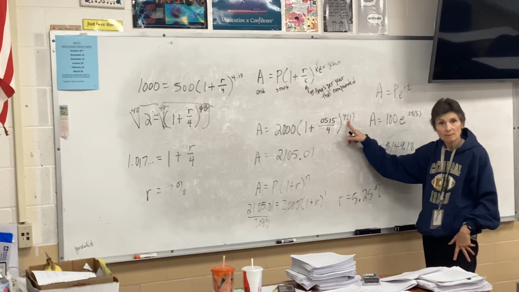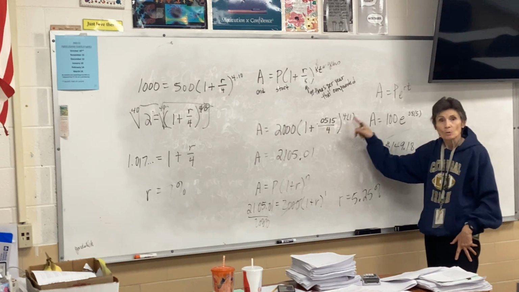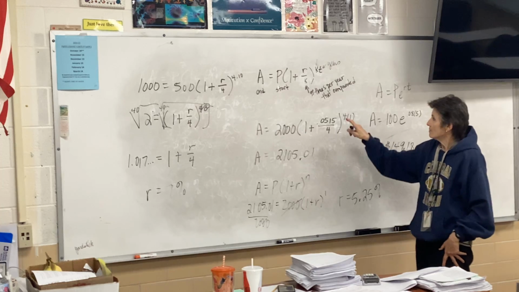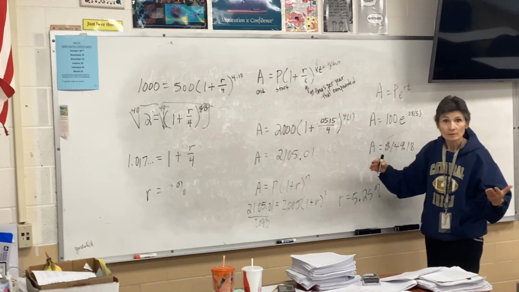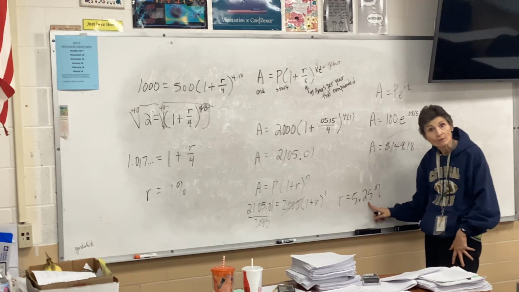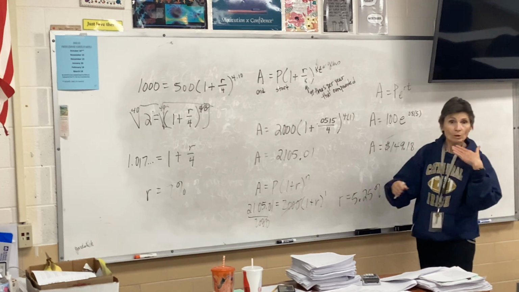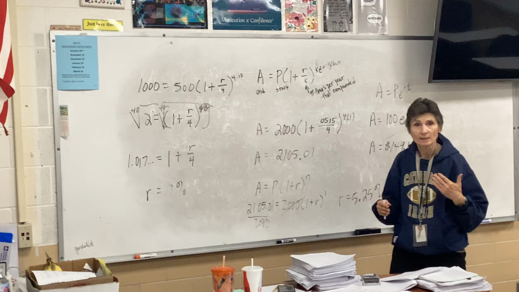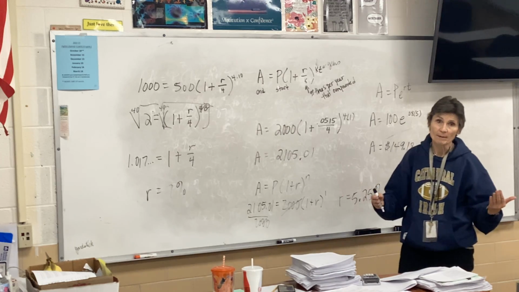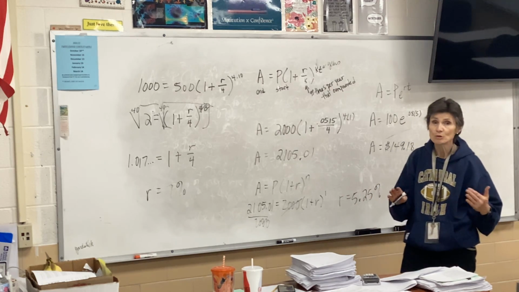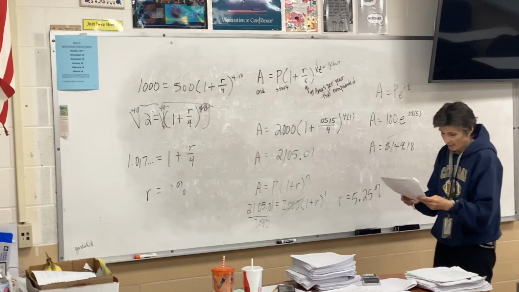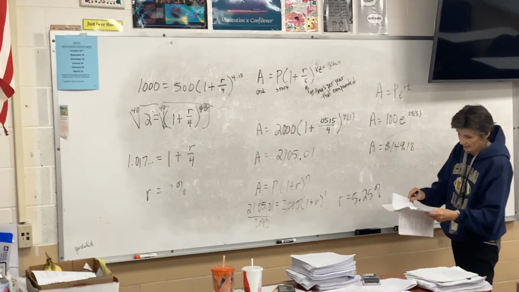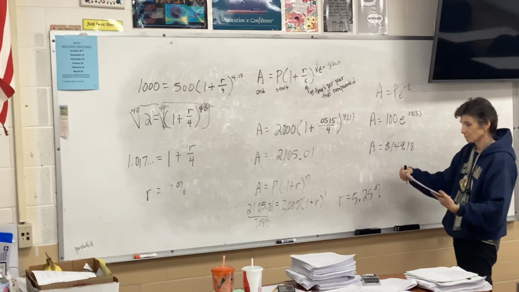The compounding made that difference. If we were compounding monthly, this would be even a little higher, because the more times your money is compounded, the more money you're going to make. It's not a huge difference, but it is a difference. All right, good deal. Let's see what's next.